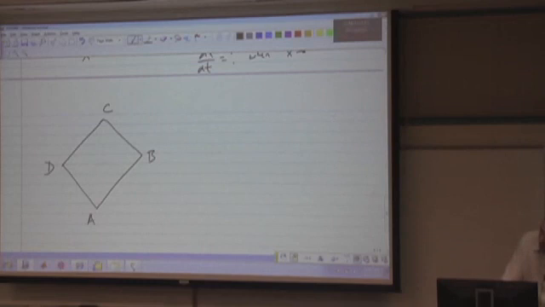Okay, so a batter hits the ball and runs towards first base with a speed of 24 feet per second. At what rate is his distance from second base decreasing when he's halfway to first base? So what are we looking at? If my person's right there, let's call it E, right?